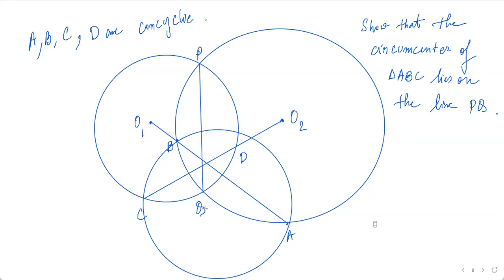PQ is another one. And it was given that ABCD are concyclic, so this circle should also pass through D.